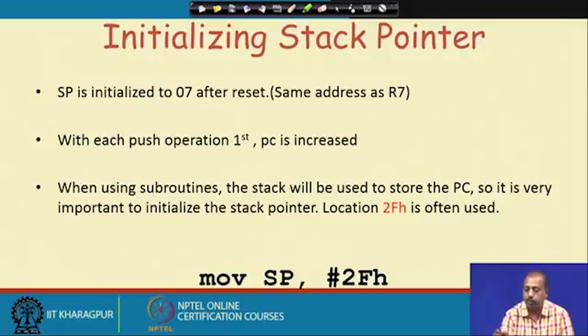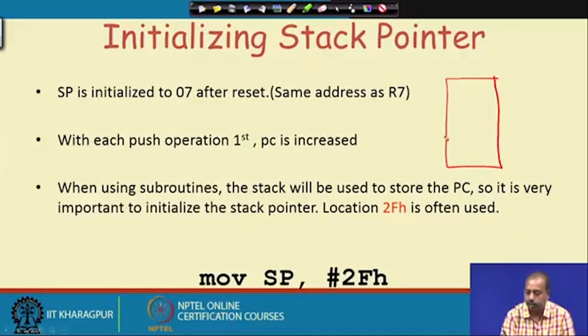If you look into this memory, we remember that there is a register bank 0 in the range from 0 to 7, and the stack pointer is initialized to 7. Now, if you are doing a call, the return value has to be saved onto the stack.